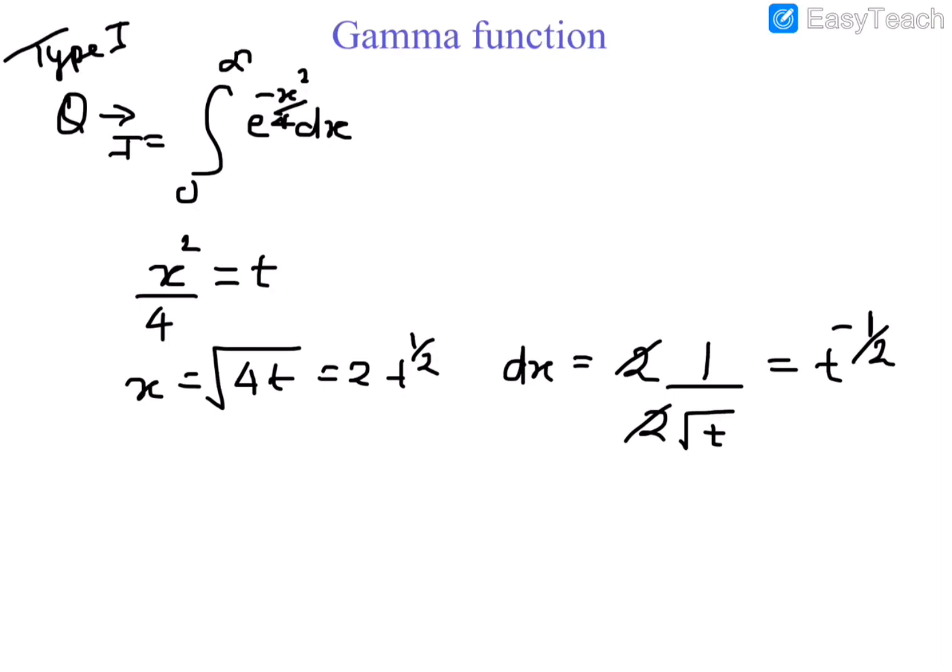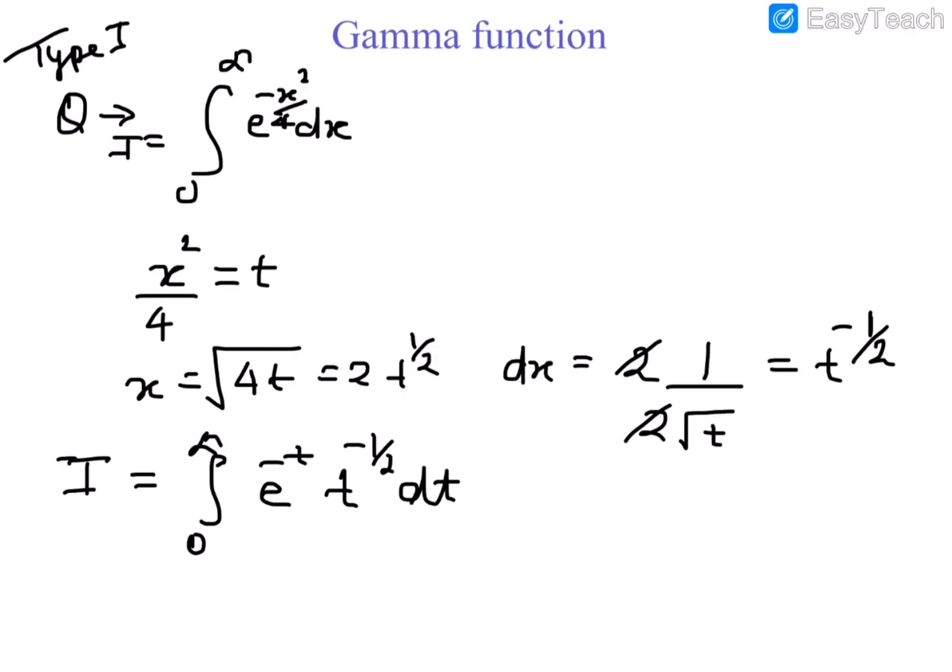Now if we substitute it in the integration, you can write it this way: from 0 to infinity, you can check the same limits of integration are still there, so it will be e raised to the power minus t and t raised to the power minus half dt.